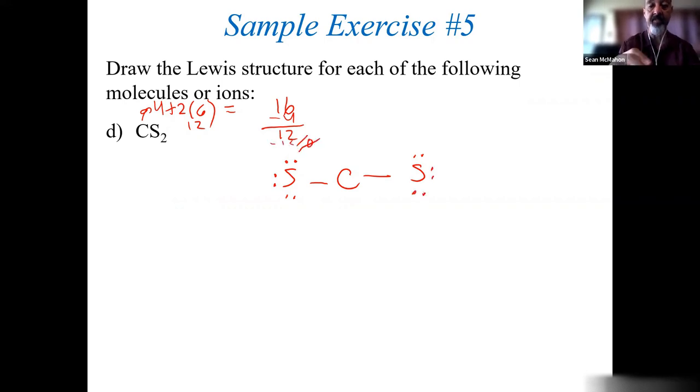I have none left. Now, if I look, the sulfur is happy, but the carbon is not. So what do I do? Well, I have to take valence electrons on my outer atoms that are lone pairs and actually form multiple bonds. So how do I do that? Well, I could say, look, I'm going to take this pair and move it there, and that would leave me this.